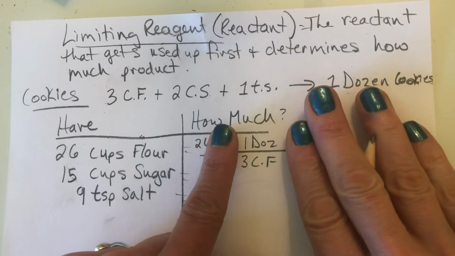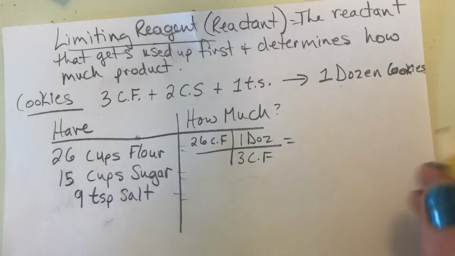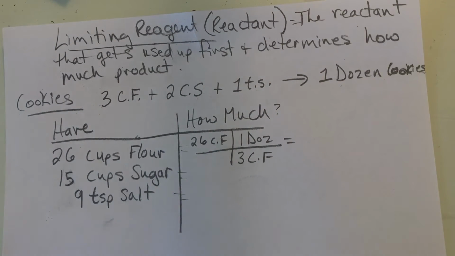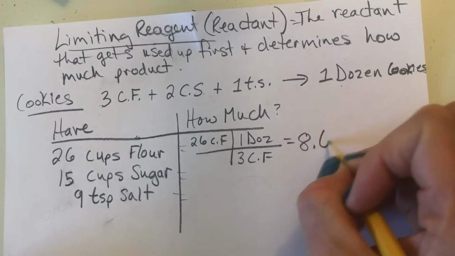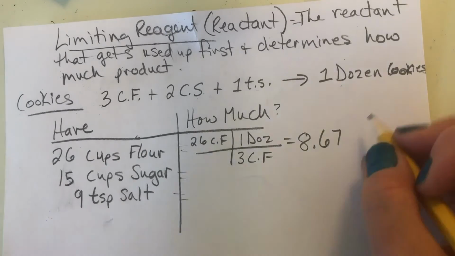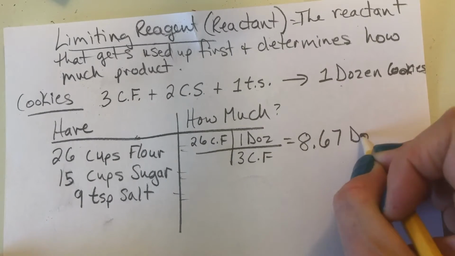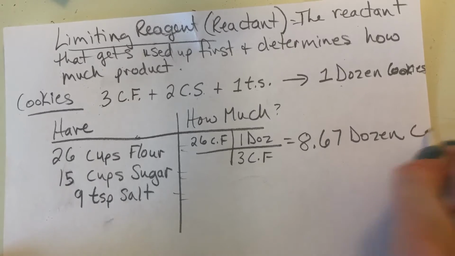That's kind of like your molar ratio. So we need to do 26 divided by 3. Hang on, I did times 3. And I get 8.67. And that's okay. We're going to just say that's how many dozen cookies.